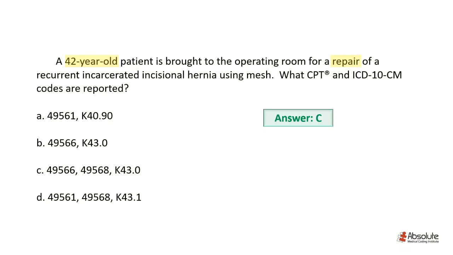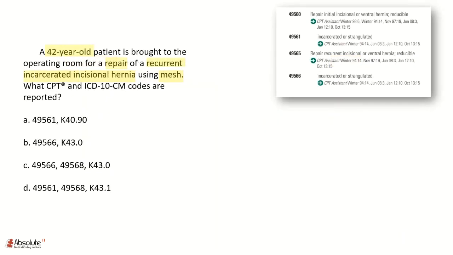All right, so we have this 42-year-old. They have come in for a repair of a recurrent incarcerated incisional hernia using a mesh. So recurrent. That is a game changer there. When we look at 49560, this is for an initial repair.